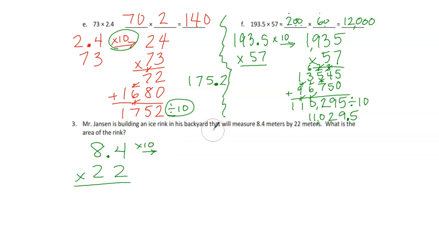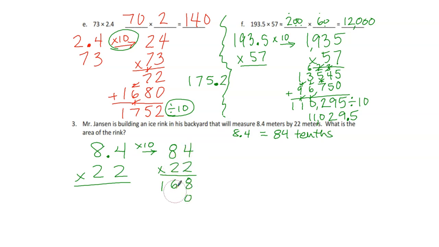So this would be equal to 84 tenths. Now we have 84 times 22. So we have 2 times 4, 8, 2 times 8, 16, 2 times 4.